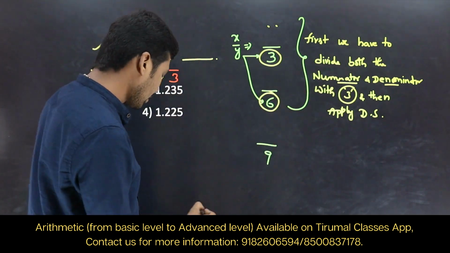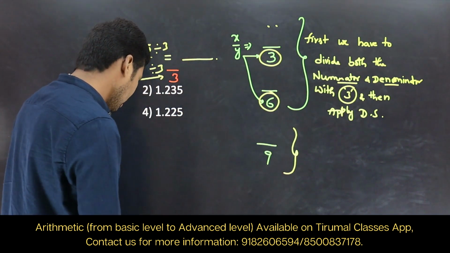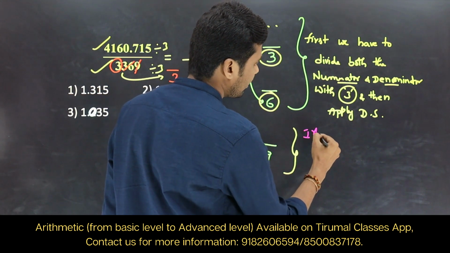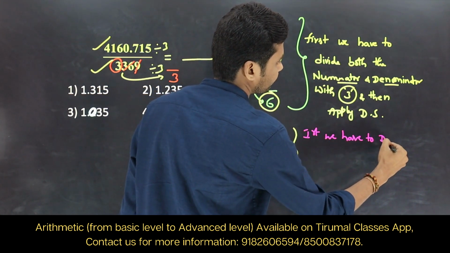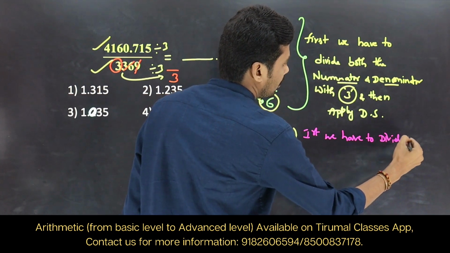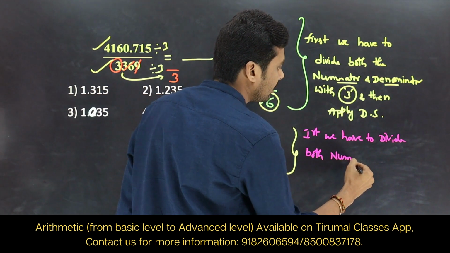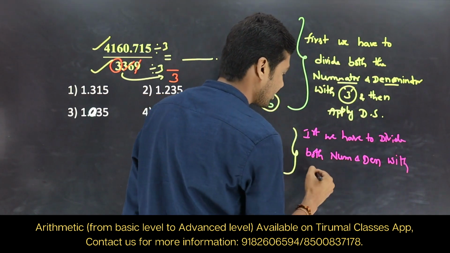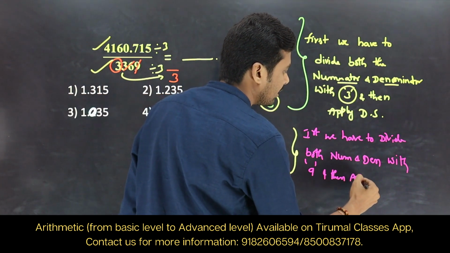Similarly, let's look at what happens when the denominator DS is 9. Same thing, but the only difference is, first we have to divide both numerator and denominator by 9 in this case, and then apply DS.